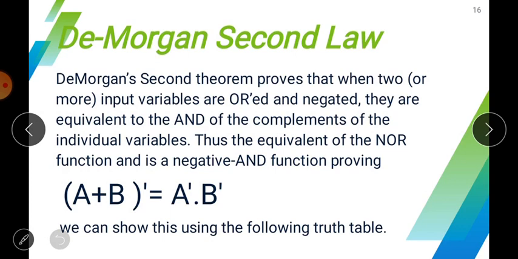Now moving forward, De Morgan's second law says that if two input variables are ORed, meaning first we calculate the OR function of the two variables and then negate it, this function is equal to A complement and B complement.